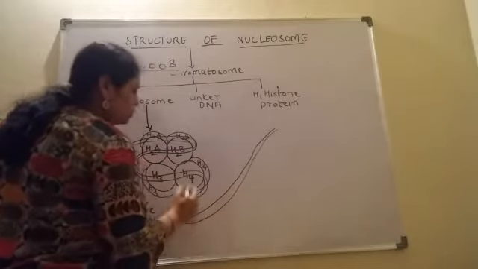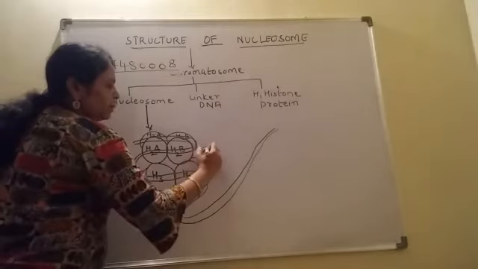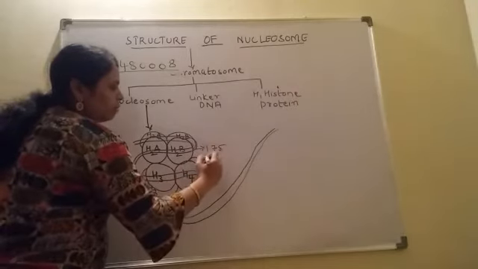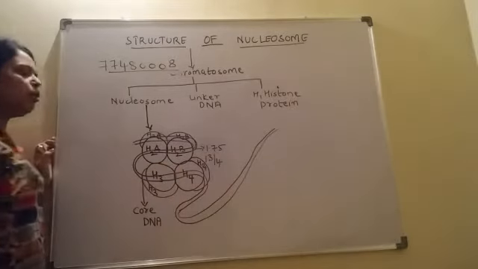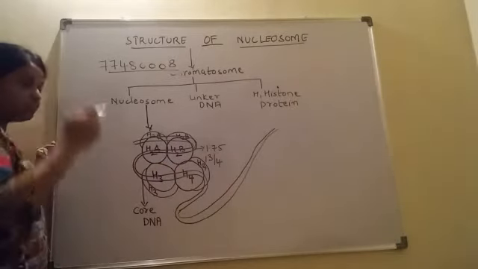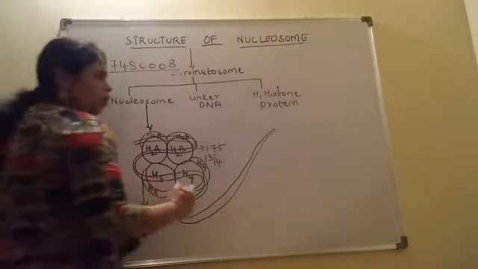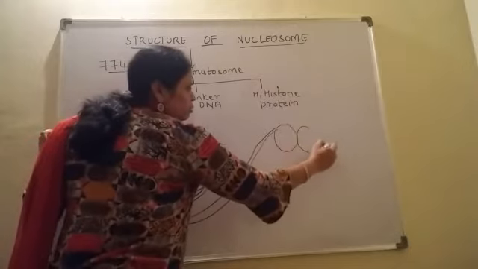After taking two turns on the octamer, around 1.75 or 1/3 turn, the DNA will go and connect one nucleosome to the other nucleosome.